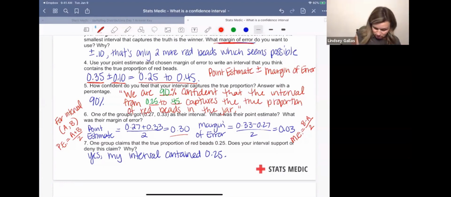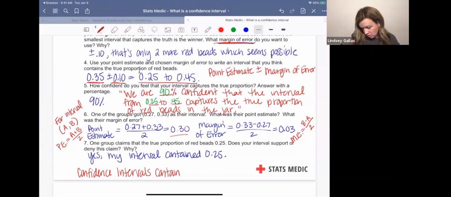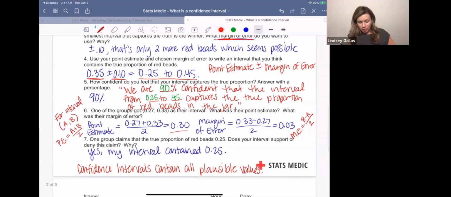What I'd like to add below this is that confidence intervals contain all plausible values. So if a group is claiming 0.25 and 0.25 is in your interval, then yes, our interval supports that because it's saying 0.25 is plausible. If it is not in your interval, then we'd say your interval denies that claim because 0.25 is not a plausible value.